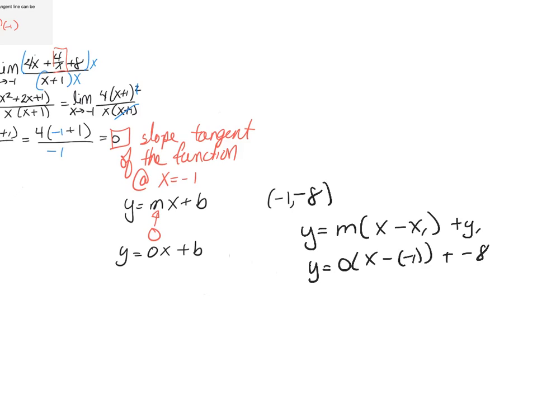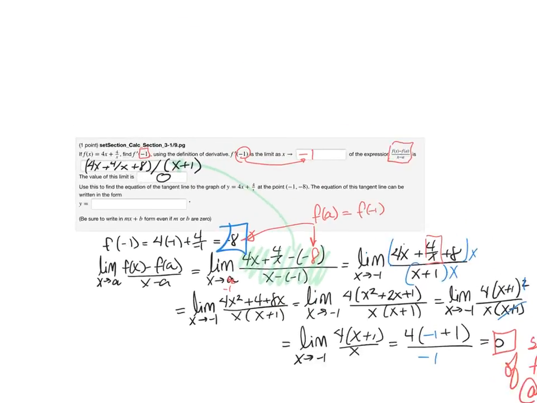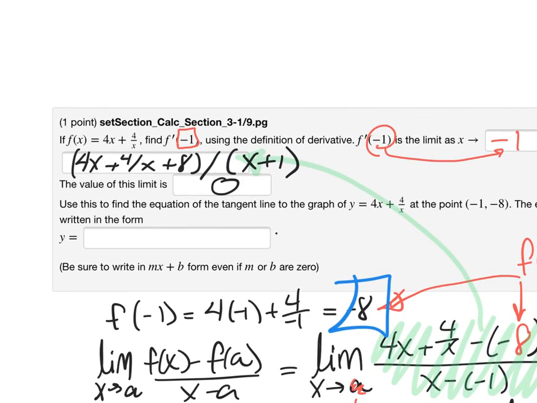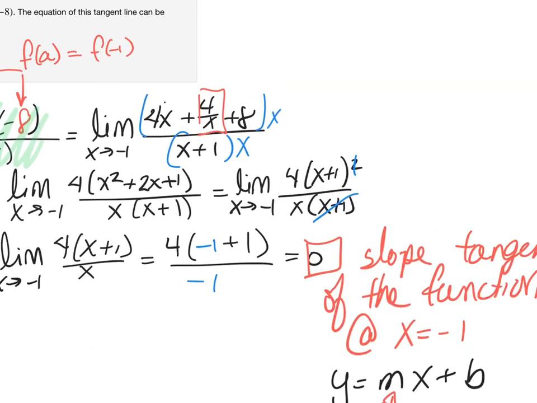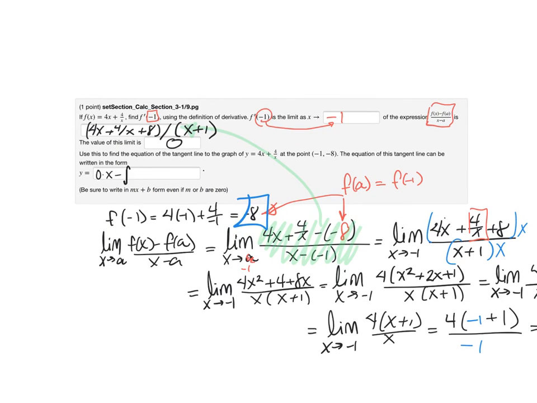So y is equal to 0 plus -8. So my equation right here is y is equal to 0 times x plus, as we know, again from over here, -8. So plus -8 or just -8, and that's what I'm going to put in this box.